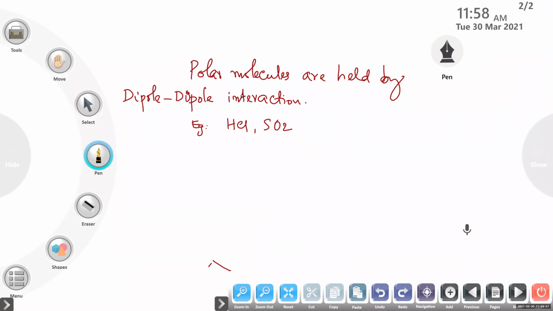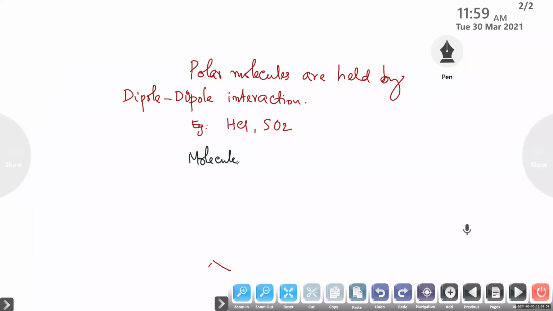Next para, you write. Molecules containing fluorine, oxygen or nitrogen may be held by hydrogen bonds.